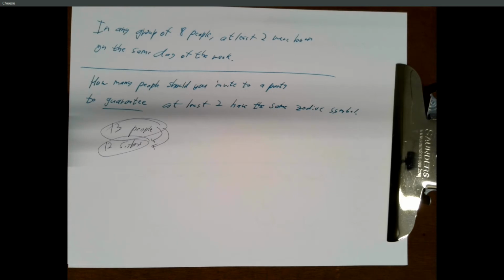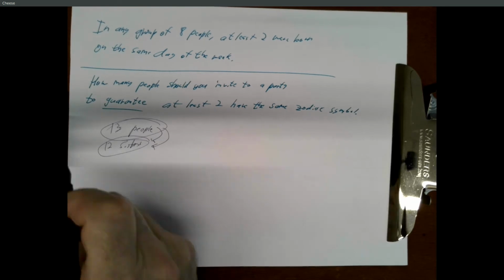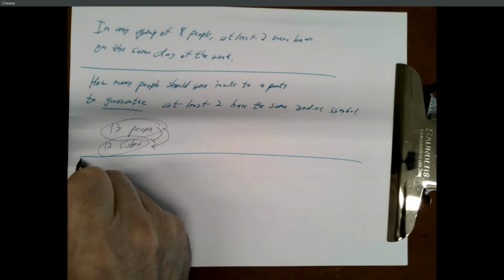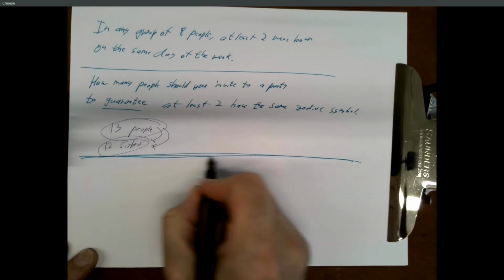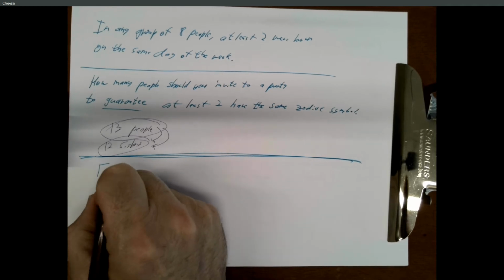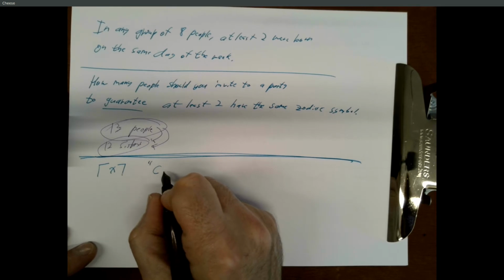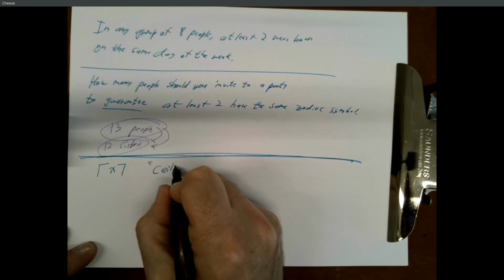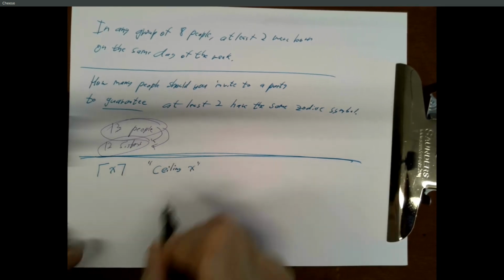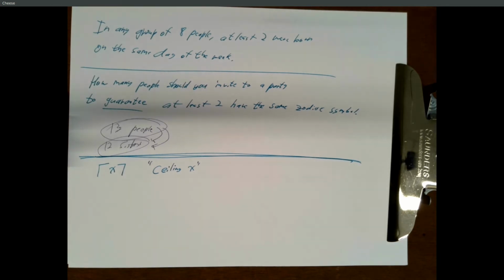So there's also a generalized pigeonhole principle. And it follows pretty easily from this. To describe this, I need to introduce a new mathematical operation. This operation is called the ceiling operation.